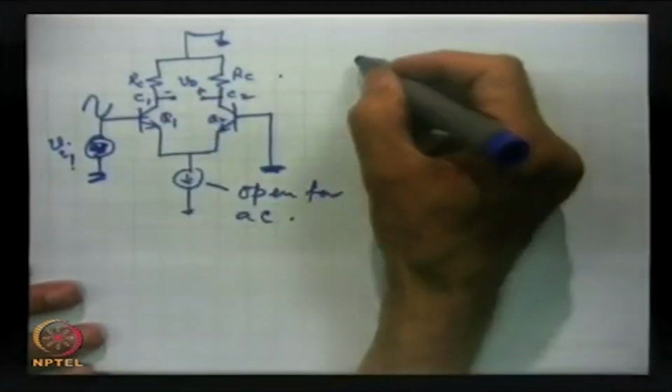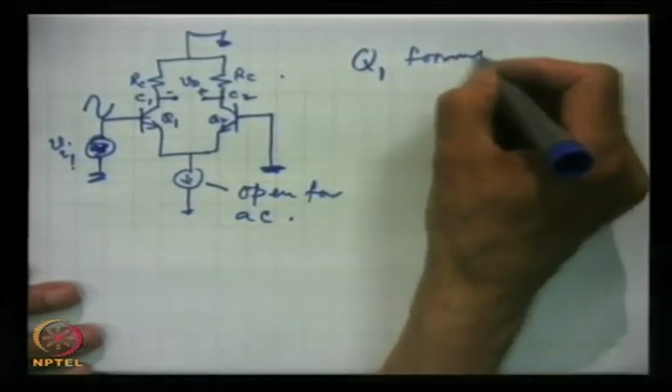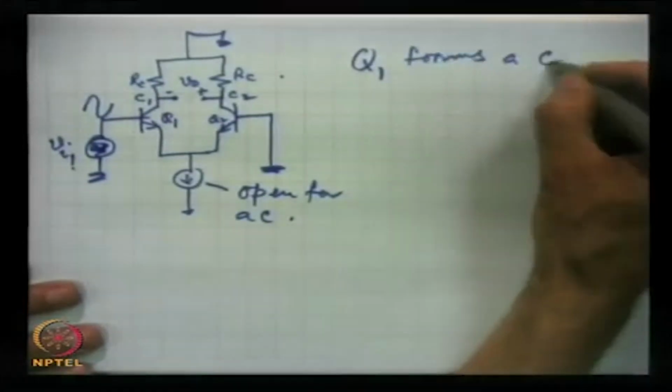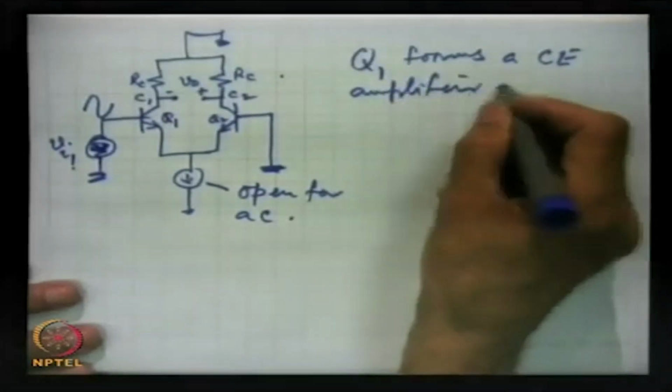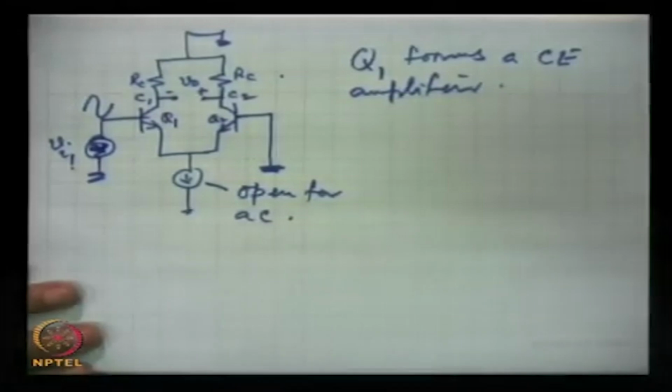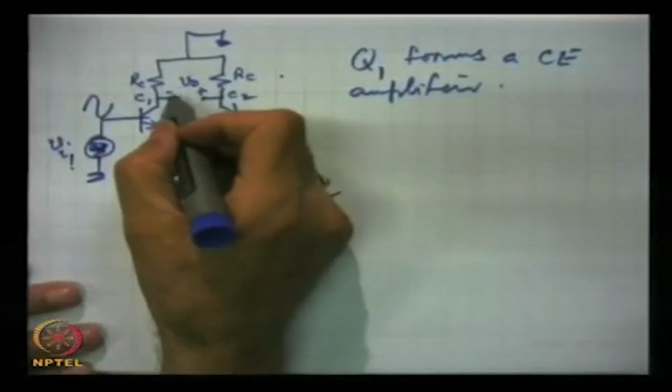Q1, as said earlier, forms a common emitter CE amplifier, and a common emitter amplifier shows the output inverted with respect to the input. So the amplified output will appear at the collector.